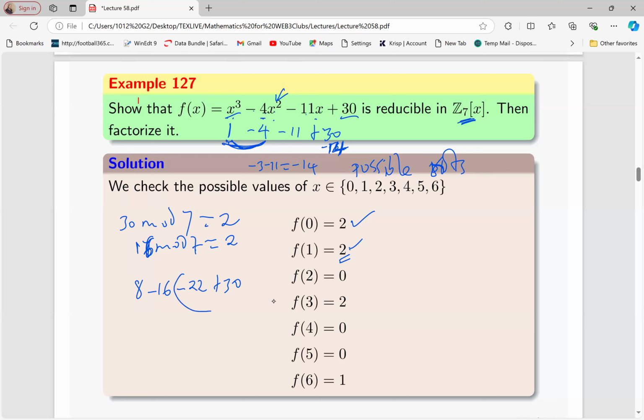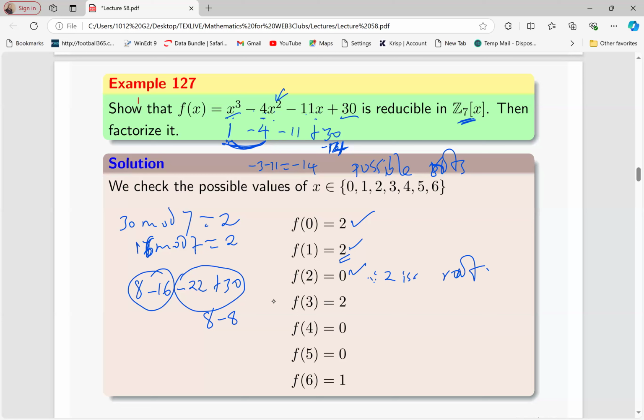Or even these two give you 8, and these two give you negative 8. So that is 0. If you use your calculator, you will get 0 there. So therefore 2 is a root.